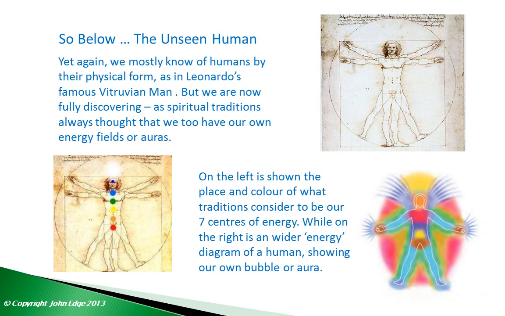Now, on the left is a picture of the colours of where traditions considered our seven centres of energy in our body, while on the right is a wider energy diagram of a human showing our own bubble or aura or subtle energy magnetic fields, you might say.